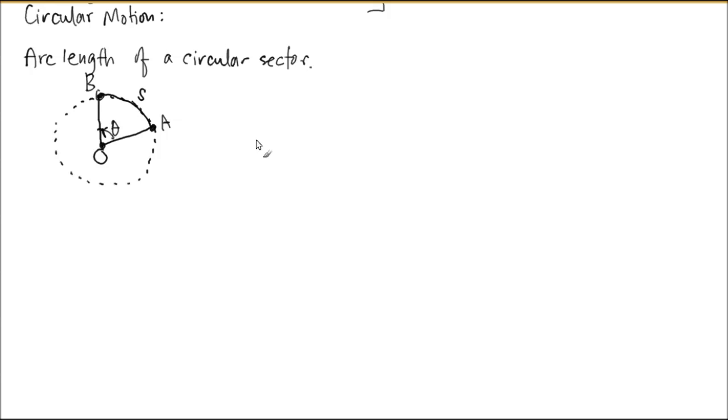So what is the formula for s? That's what we want to look at. The formula is the radius of this circle, which is usually given as r, times theta, where theta is in what? Radian mode.